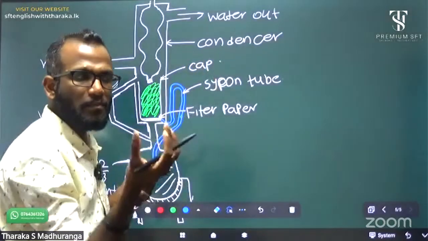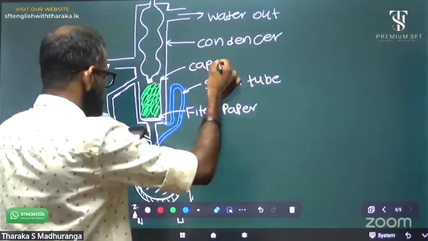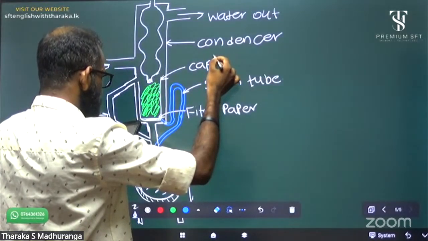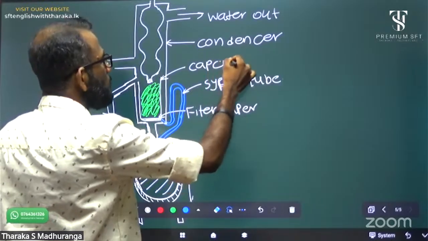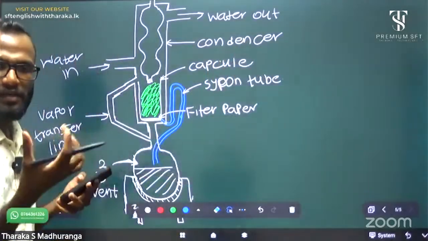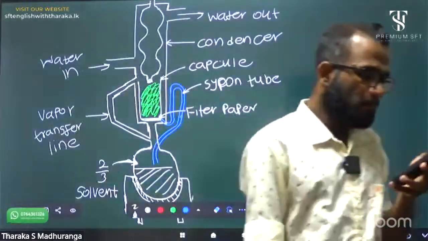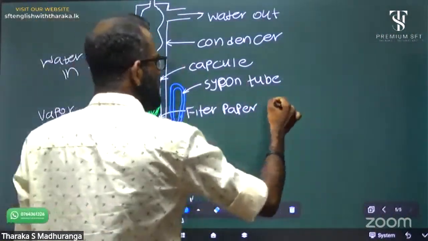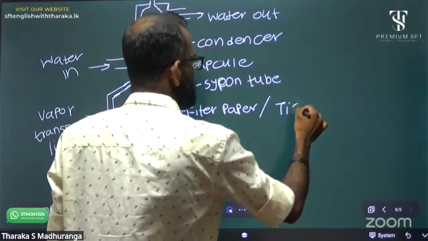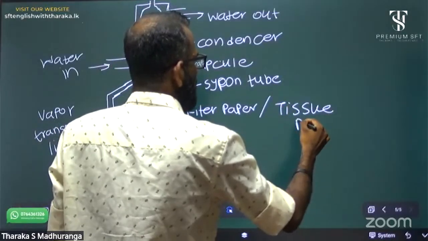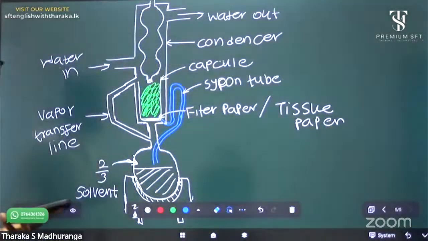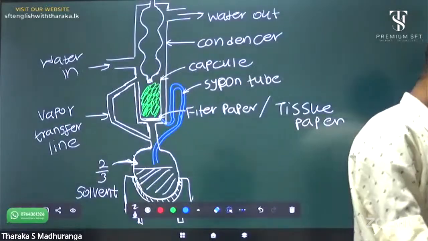Sometimes it is made of paper. Capsule means it has a capsule shape, that's why we call it a capsule. And there is a filter paper or tissue paper layer. Okay, that is the structure of Soxhlet extraction.